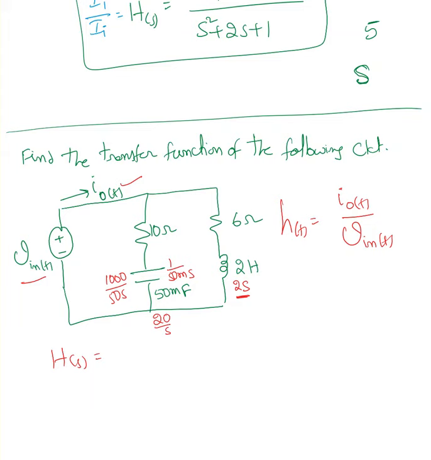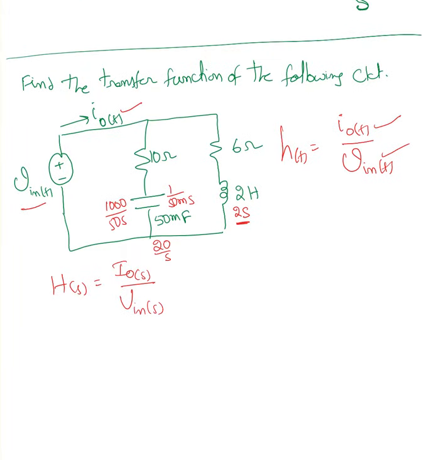Now my goal is finding the relation between output current and input voltage, right? So H of s equals I naught of s over V input of s. Once it is in s domain, or j omega domain, or frequency domain, or Laplace domain, we can use the series parallel combination method.